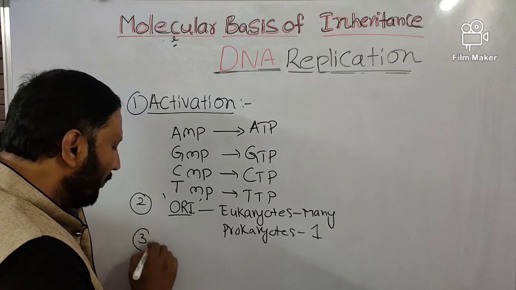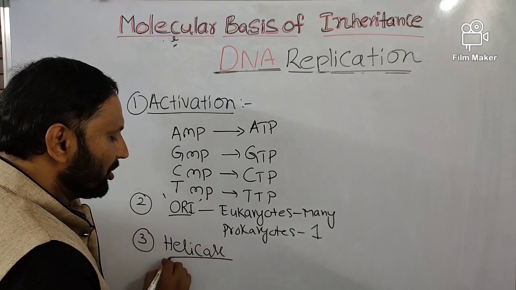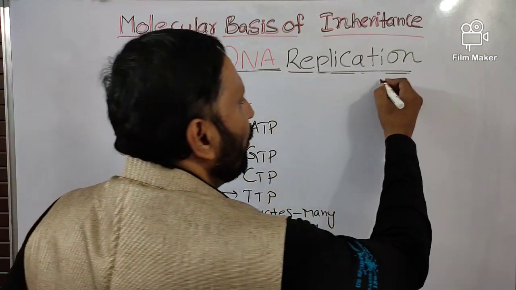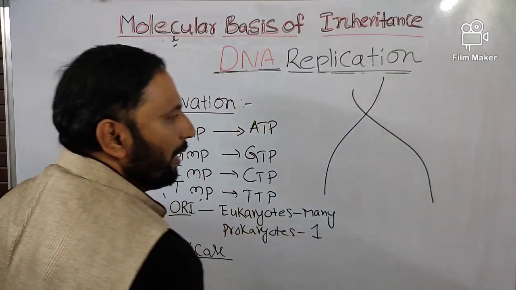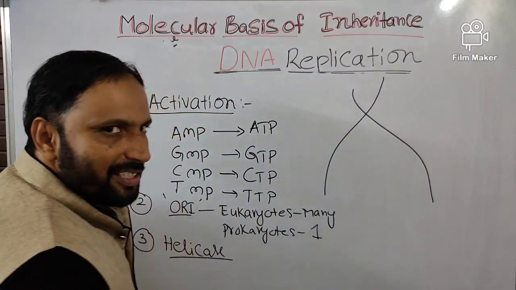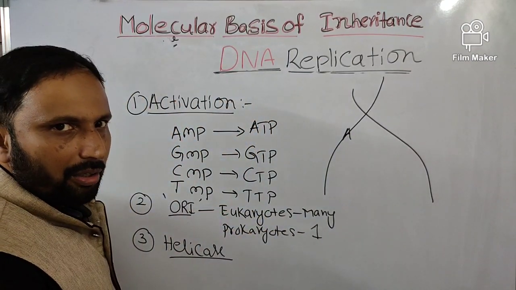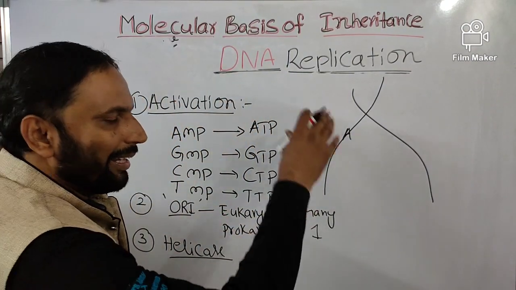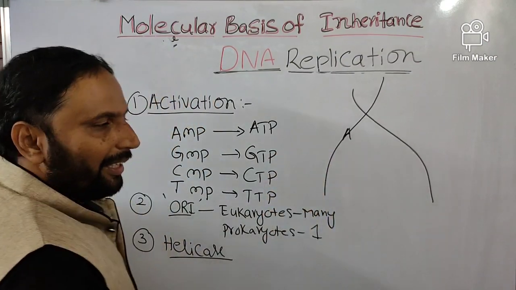Actually, the main enzyme involved is helicase. What is the main function of helicase? Take the double stranded DNA. Purines and pyrimidines exist in a 1:1 ratio, as chemically analyzed by Chargaff and according to Pauling.